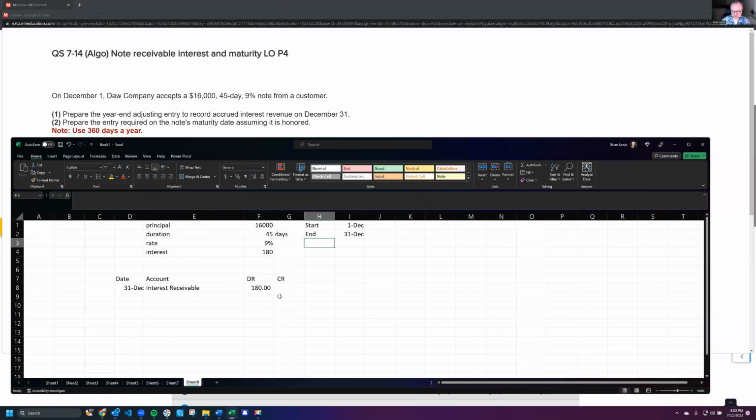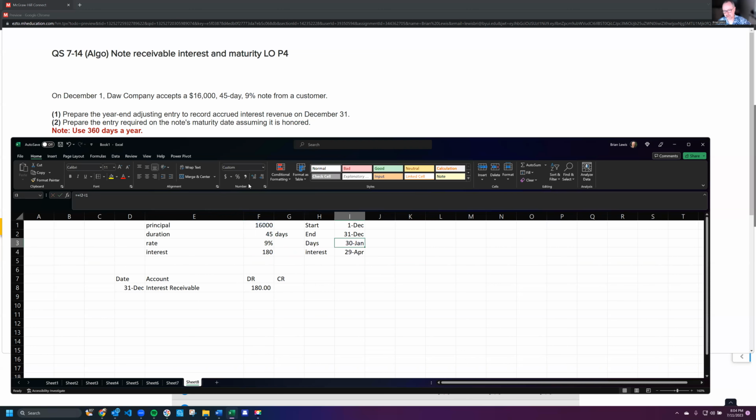How many days is that? That's going to be that minus that. Okay, we're going to do the same calculation for interest. We're going to do 16,000 times the interest divided by 360 times the number of days.